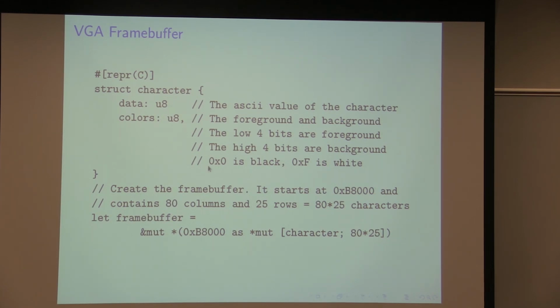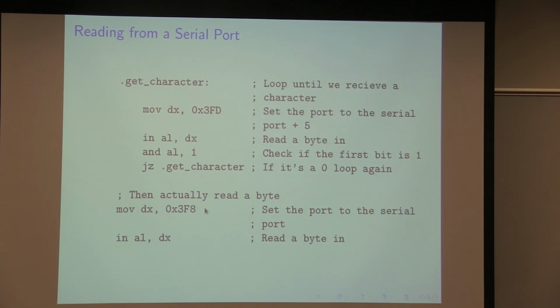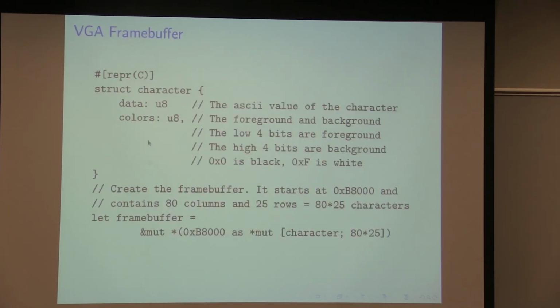Important ones to remember: 0 is black and 0xF is white. We can also get great colors like bright green. And then you can just create these characters and stick them into this array.